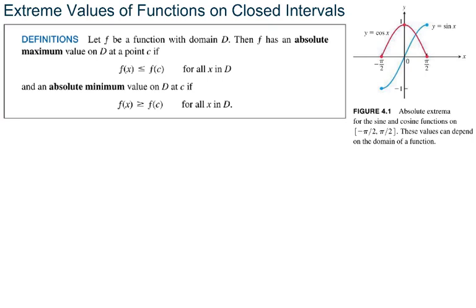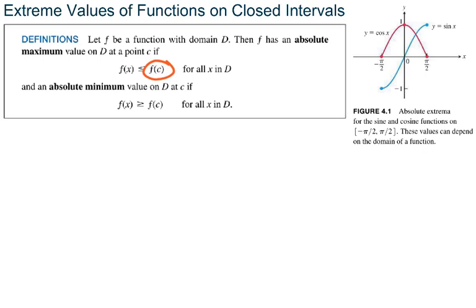function has an absolute maximum value somewhere in that domain at a critical point c if there is an output, a y value that's greater than or equal to all the other y values.